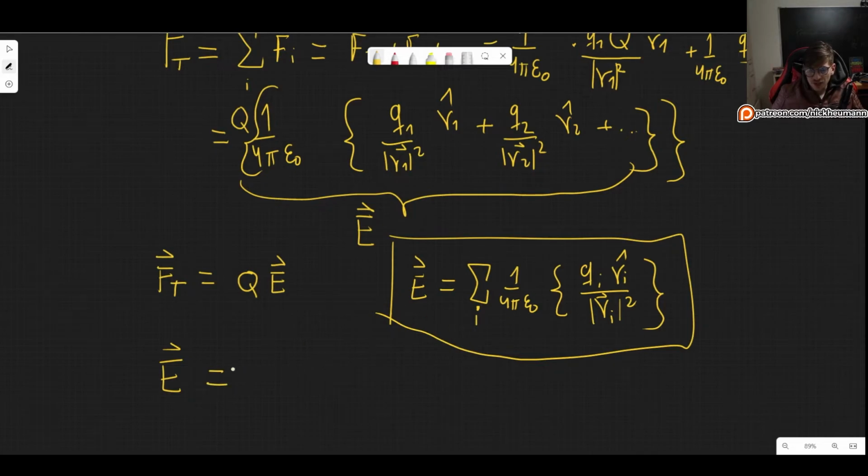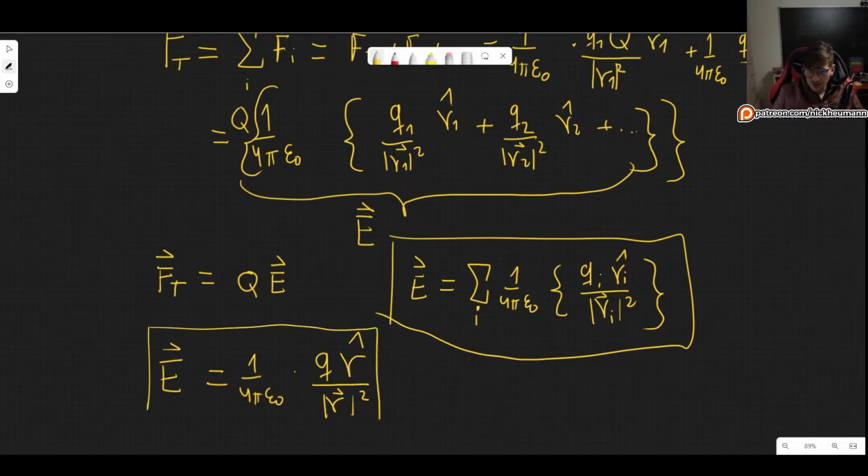An individual electric field is simply going to be 1 over 4 pi epsilon 0 times the charge that is creating that electric field times the unit vector divided by the modulus of the vector that connects the source and the test charge, squared. All right, so that is the case for individual charges.